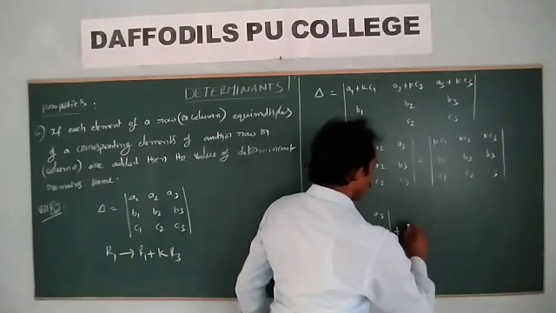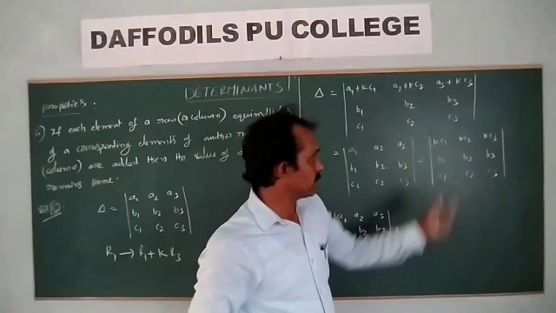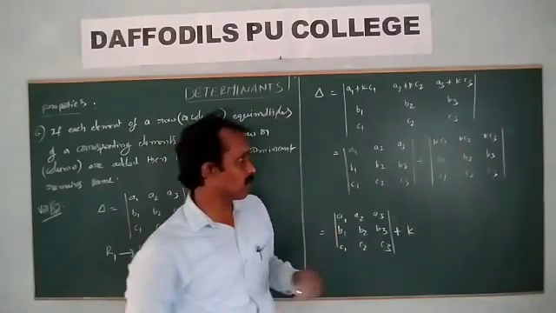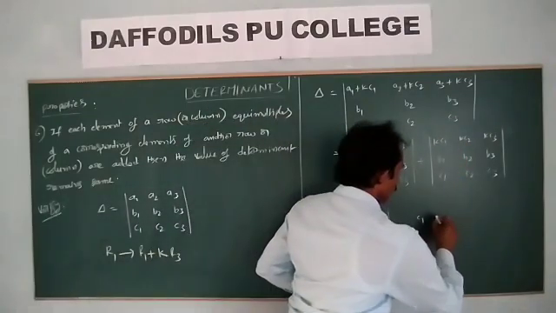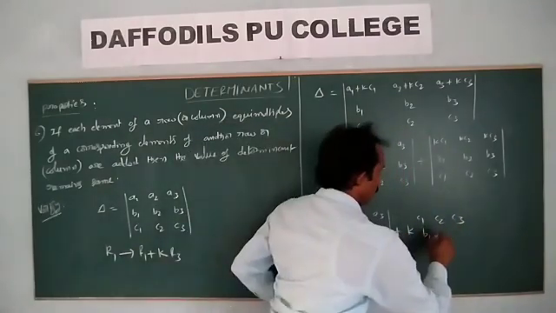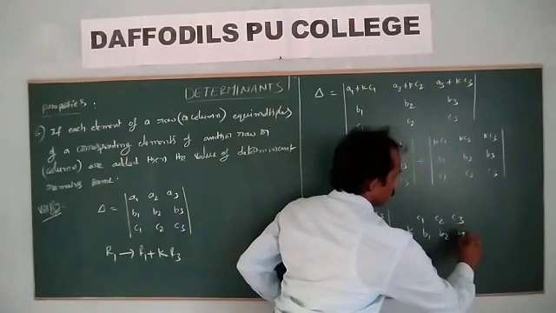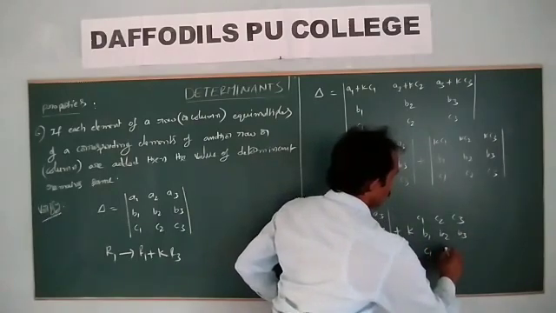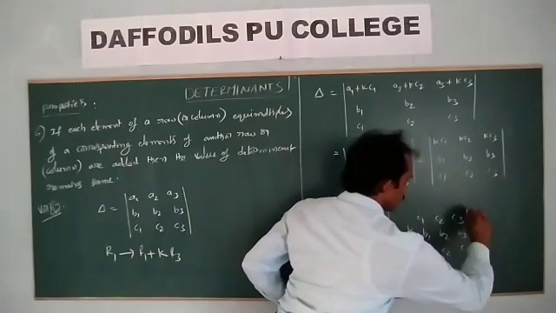Here K is taken common from R1: C1, C2, C3, B1, B2, B3, C1, C2, C3.